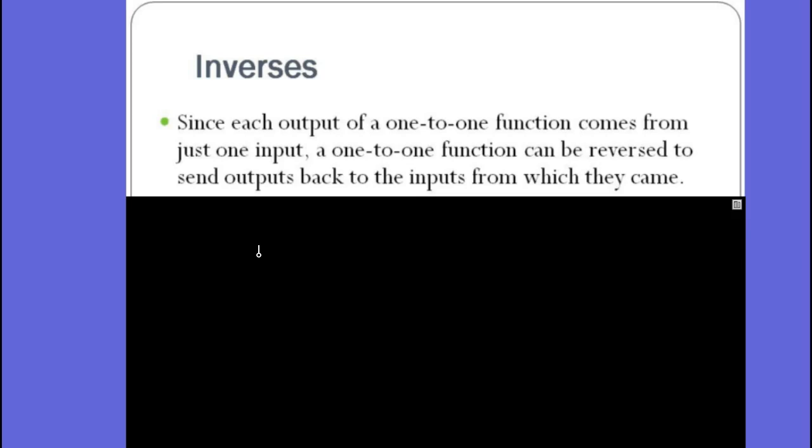Negative 1 plus 2 is 1. The domain and the range switch places. The range becomes the domain, and the domain becomes the range. That only works if it's 1 to 1.